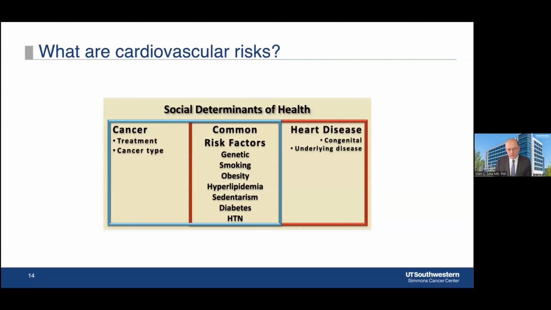So globally, what are the risks for the cardiovascular system? On a background of important social determinants of health, it is clear that the risks are intersecting between cancer and heart disease.